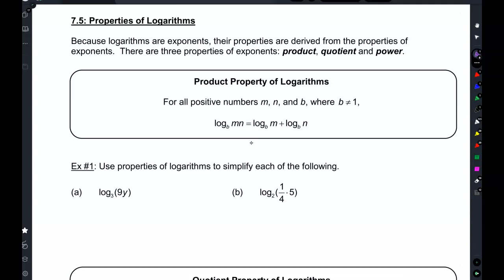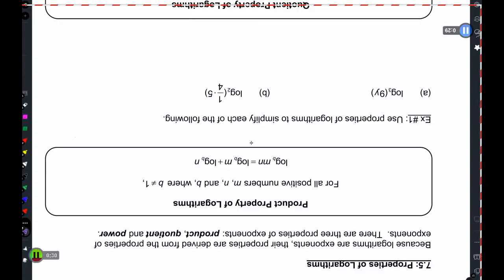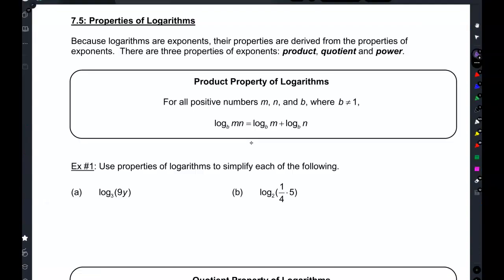And so, because a logarithm is an exponent, right? They kind of follow the same properties as exponents, right? So we know, for example, if I have a to the power of 2 times a to the power of 3, that's a to the power of what? 5, right?